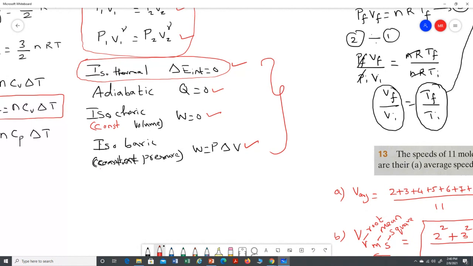Have a look. Clear? Doctor, isothermal, the change of T is equal to 0, right? Change in internal energy is equal to 0. Okay, I was wrong. Any other question?